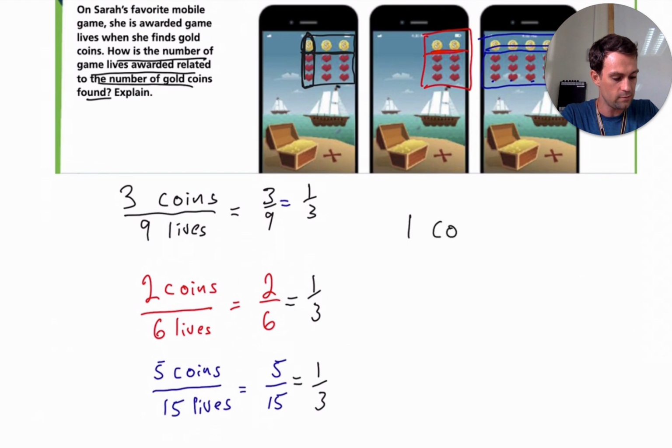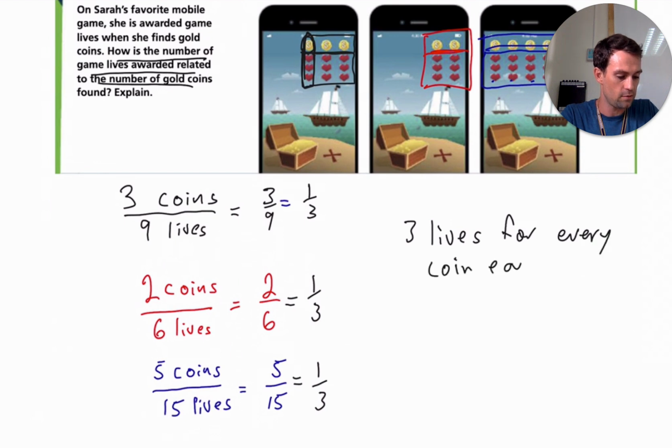For 1 coin, she is awarded 3 lives. 3 lives for every coin earned, right? So that's her award. All right.